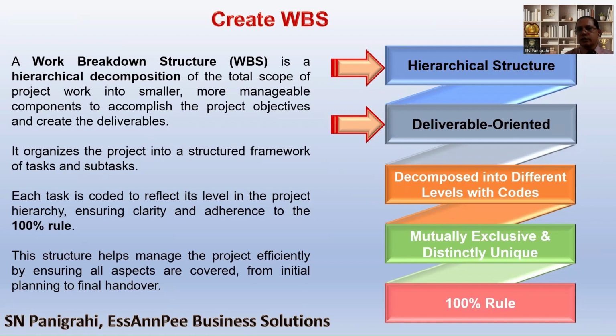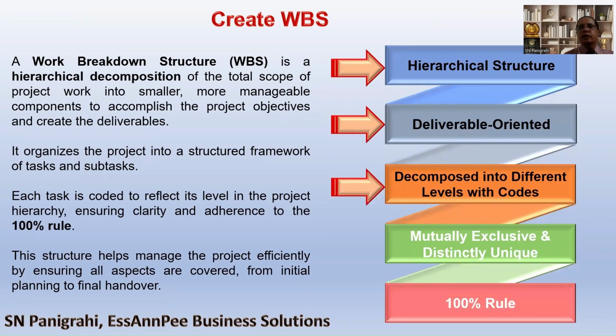And it is delivery focused, meaning it focuses on the output, the elements. Then it is decomposed into different levels, and for each level we give certain codes. The codes reflect the level of the breakdown.